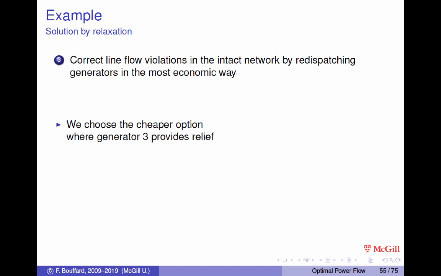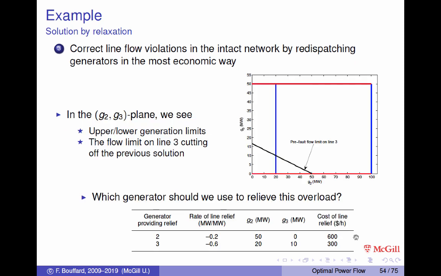Okay. So clearly here, when we look at this, generator 3 is the unit which, within the constraint of its own dispatch, is able to provide the cheapest option.